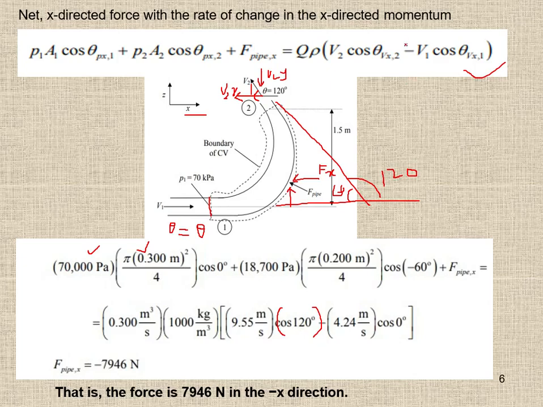V1 we calculated, and cos theta, what is cos 0 degree. When we simplified that, we got the anchoring force in the x direction as minus 7946 Newton.